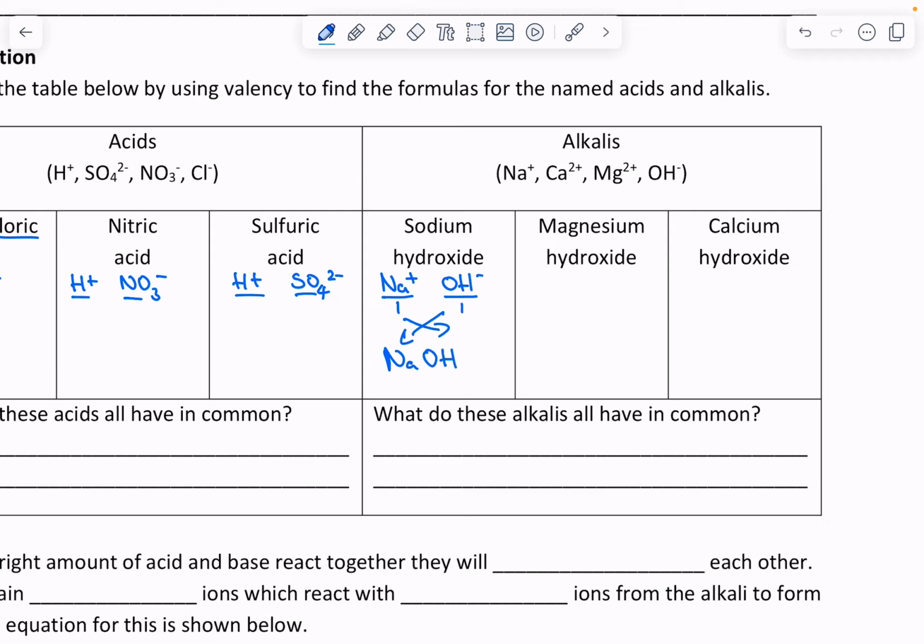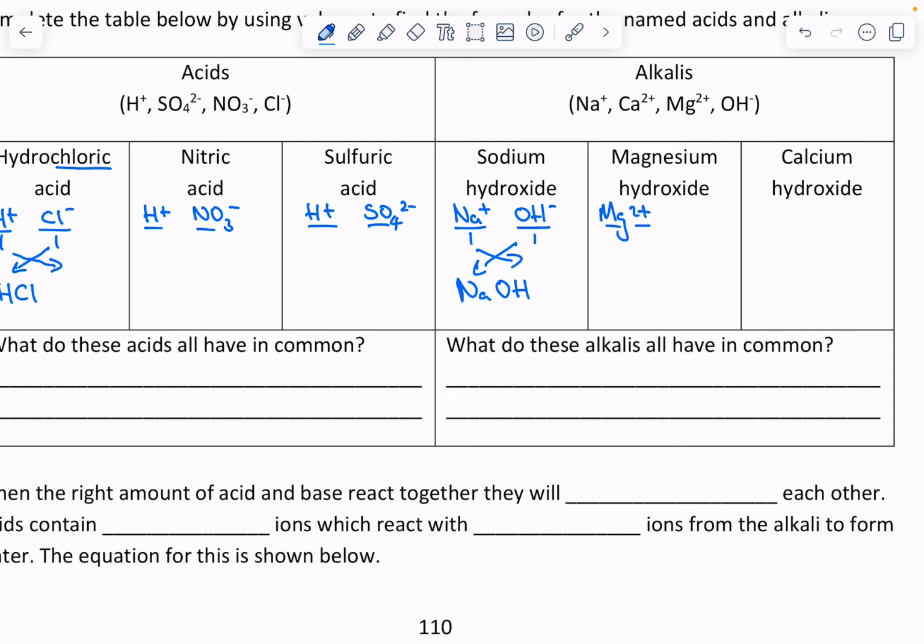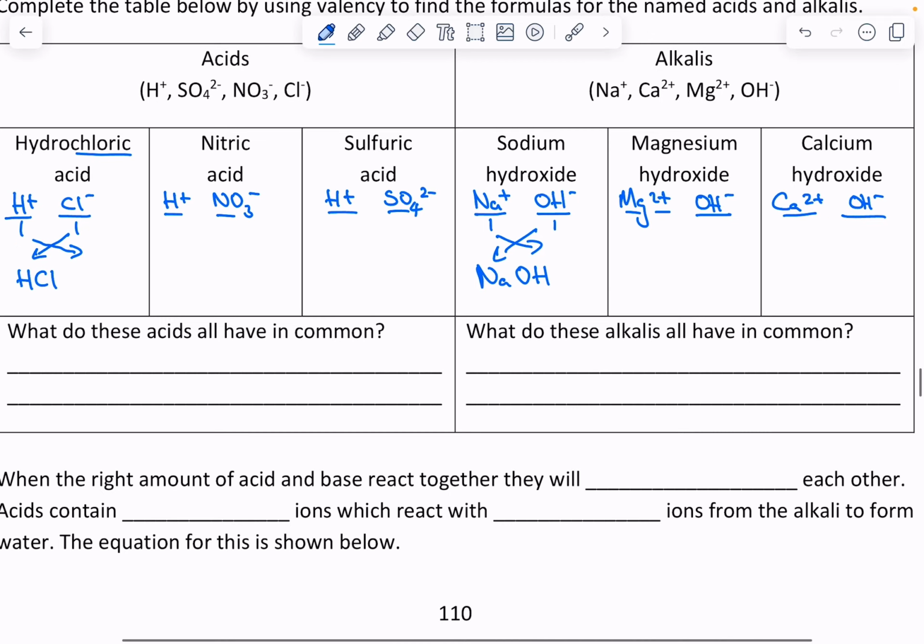Okay, now you should be able to work out, I'll put those in for you as well. So that is Mg2+ with hydroxide, OH minus. And here you've got calcium is a 2+ and OH minus. So you should work out the formulas for all of those, and you can check the answers once you have done that.